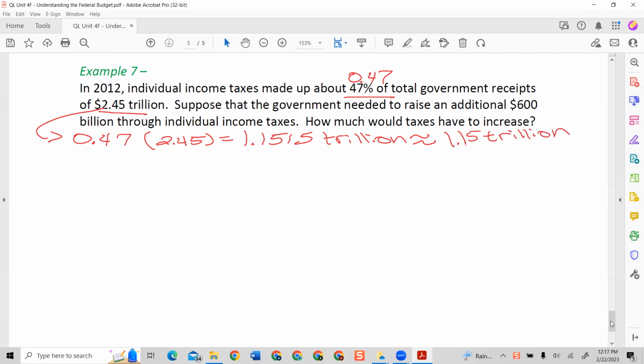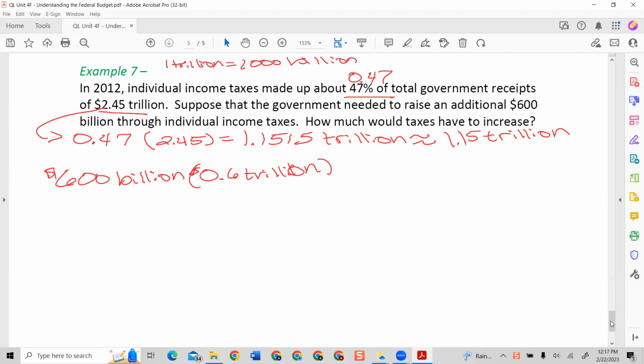And raising the additional 600 billion, I can take this 600 billion dollars, and if I want to write it in trillion, I know I divide it by 1,000, and I get this 0.6 trillion. The reason I know I divide it by 1,000 is because for every 1 trillion, it's 1,000 billion.